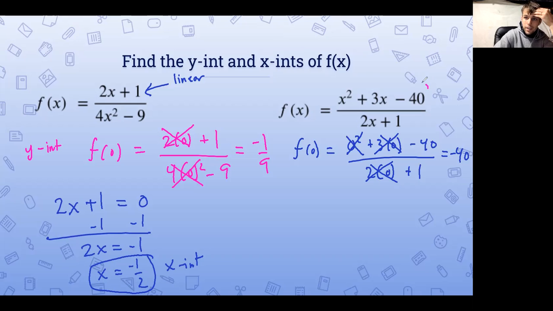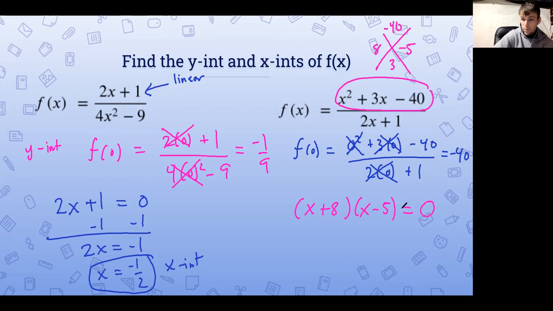On this one, it's a little more complicated. It's a quadratic, so I might want to factor that. Let's see. Two numbers that multiply to -40 and add to 3: 8 and 5, and the 5 is negative. Yep. So that's (x plus 8)(x minus 5), and we want to know what makes it equal 0.